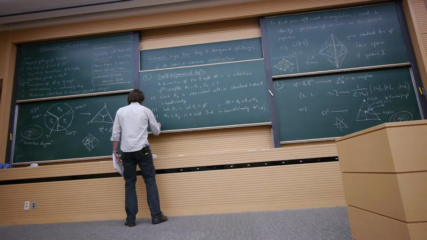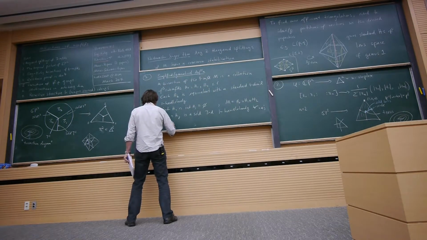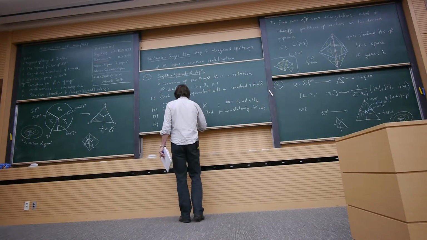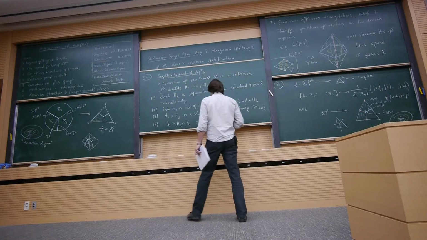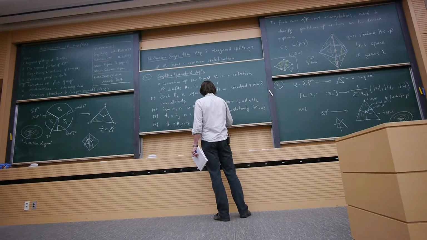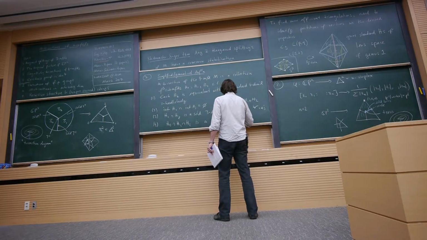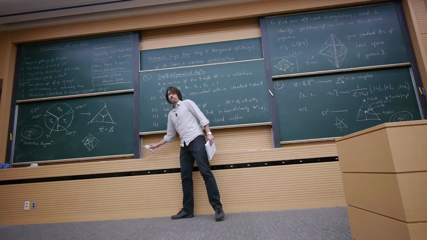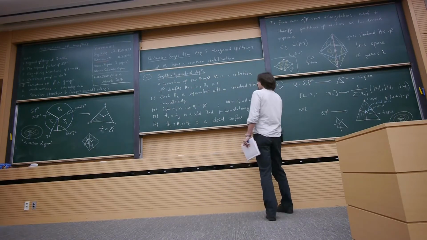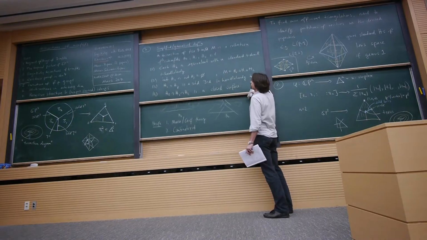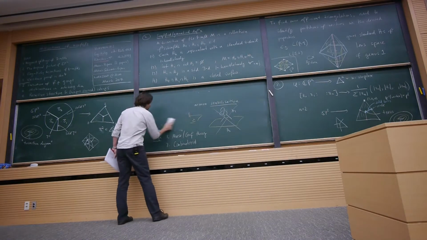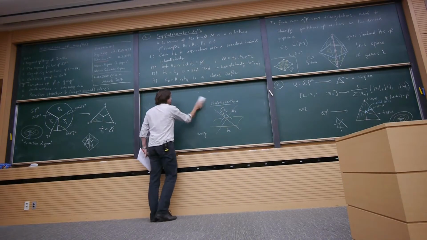And the last condition is that the triple intersection is a surface, a closed surface. Okay. Yeah, so this is the definition.